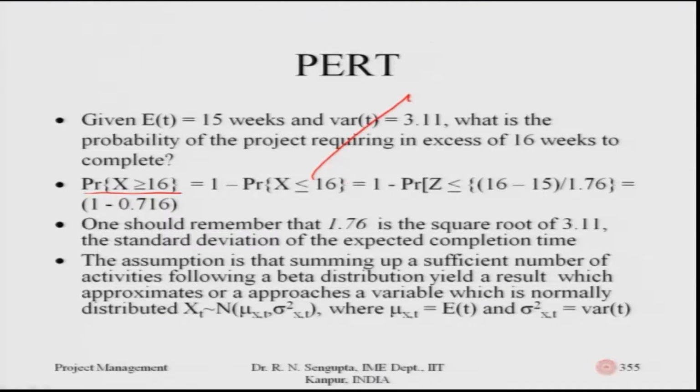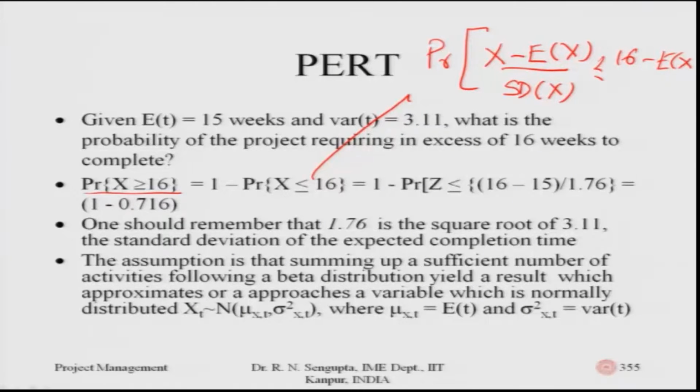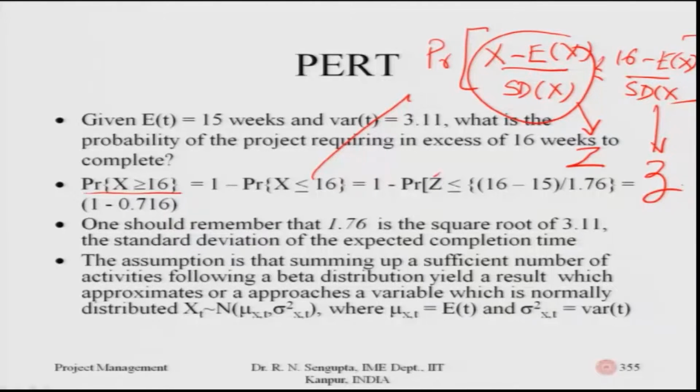So, I have these calculations: x minus the expected value of x, divided by the standard deviation of x, should be less than or equal to 16, which is the duration, minus the expected value of x divided by the standard deviation of x, which is a very well-known equation we have been solving. This gets converted into a standard normal deviate Z, and the realized value, small z, which we know.